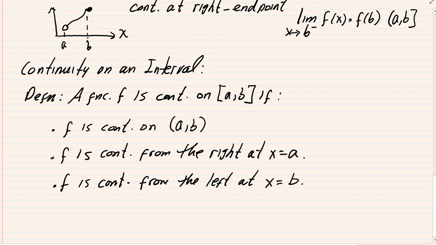That would be the right hand side of the interval from a to b. Alright, and that's continuity over an interval. That's what it looks like. So if I look at, for example, right in here, suppose I have a half circle, and this would be a, and that is b. It looks like the graph of a semicircle. This is an example of a function that is continuous on a closed interval from a to b.